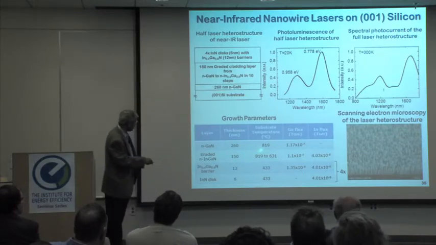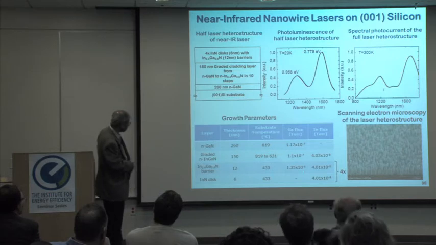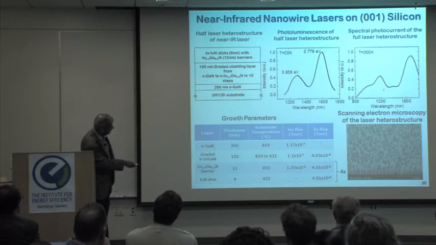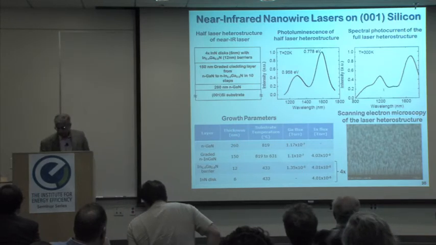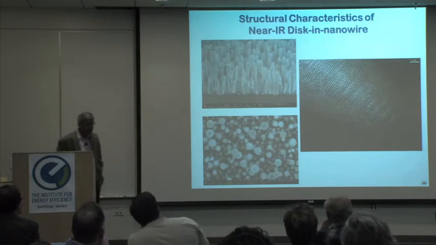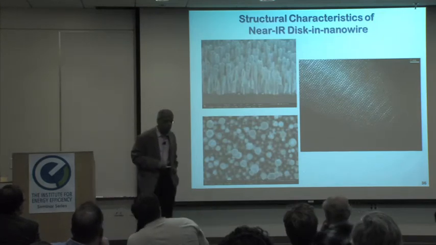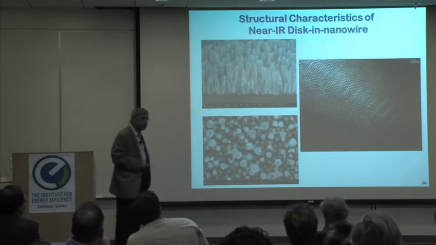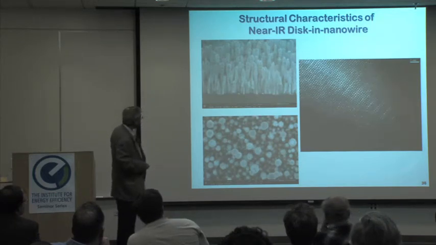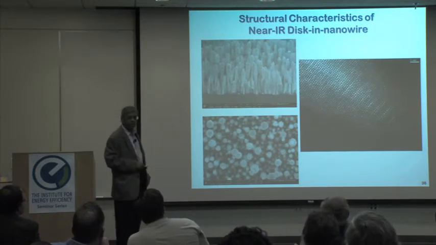These are some of the growth conditions that we use, the temperatures and the thicknesses of the different layers. And there's the actual forest. Now, when we looked at the forest a little more closely, we were in for some surprises. It's truly a bimodal distribution.